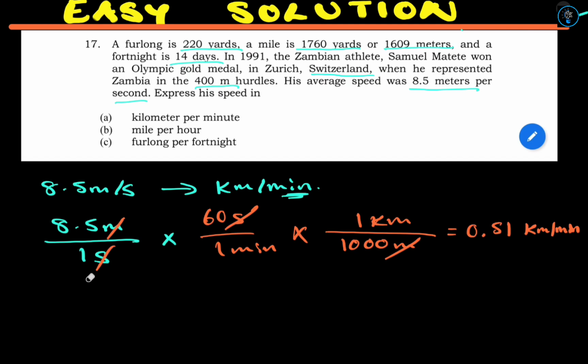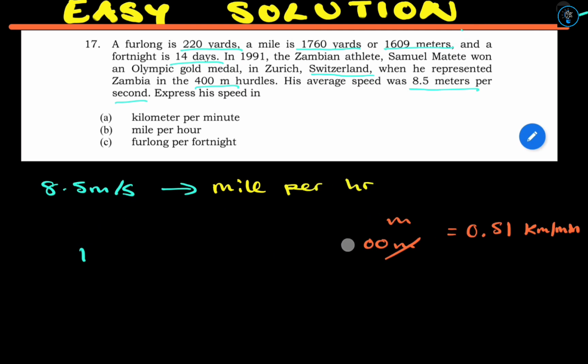So B, we are told to convert the same unit. This time we're going to convert it to miles per hour. So miles per hour. Wow. We must know what a mile is.